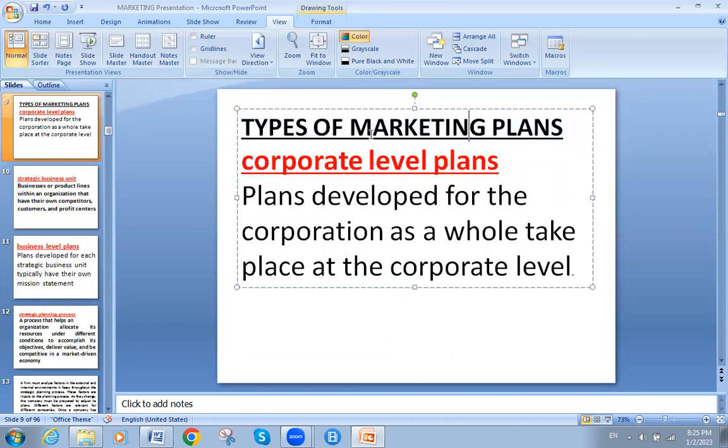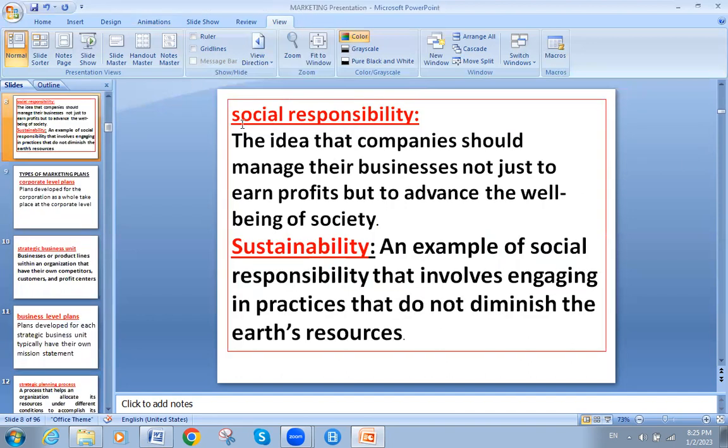What are the types of marketing plan? We'll come now to the types of marketing plan. But again, I'm saying we have to take care of these two points, social responsibility and sustainability, when we do any marketing plan. Not only any marketing plan, but any other plan too: production plan, financial plan, human resource plan.